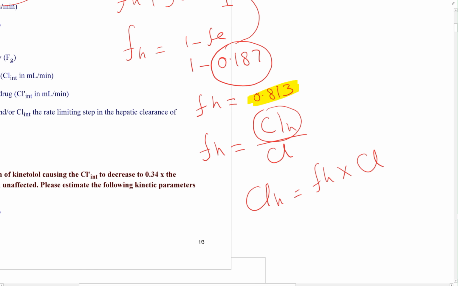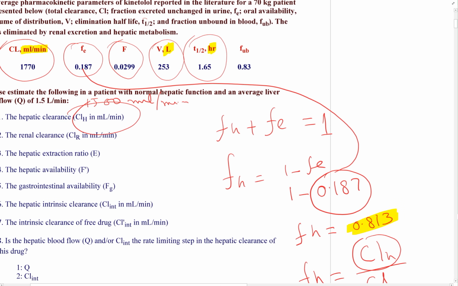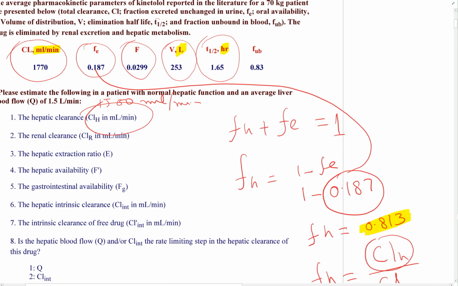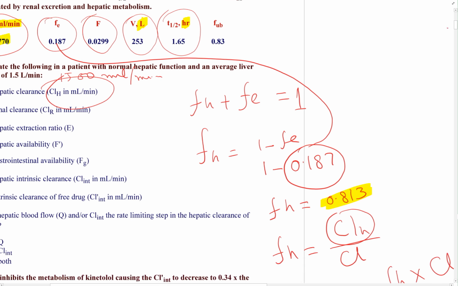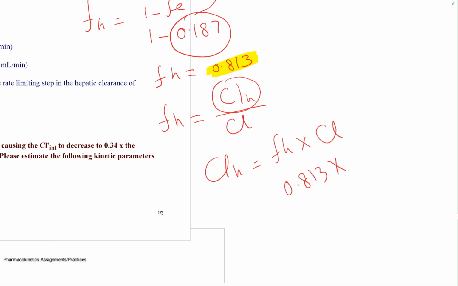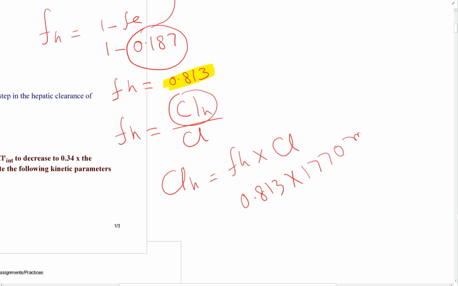So we'll put here FH 0.813 times CL, this is our CL, 1770 milliliter per minute.